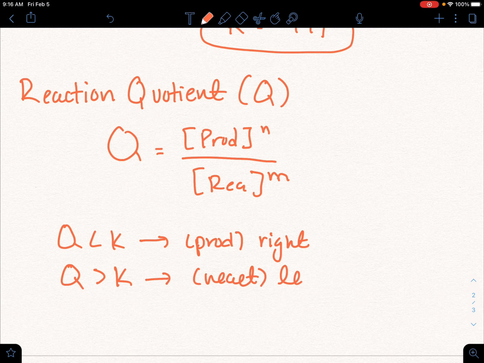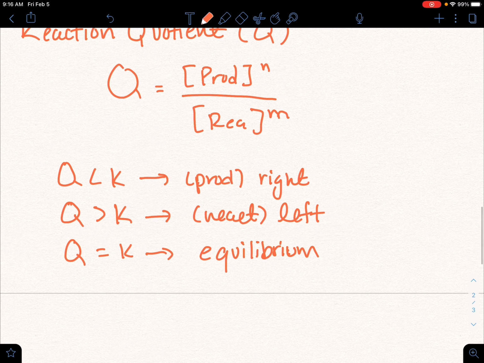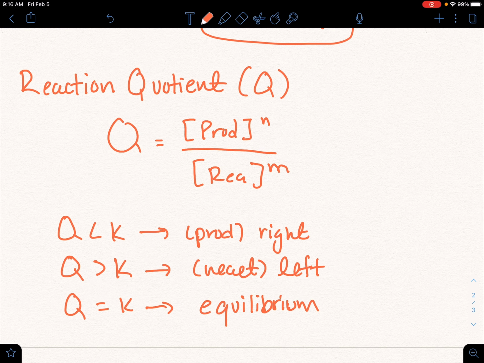And if Q is equal to K, that means the reaction is at equilibrium. The whole goal is to get to K, the actual K value.